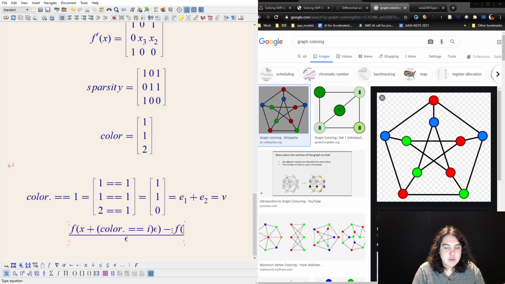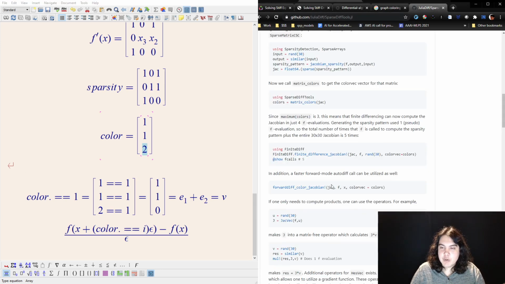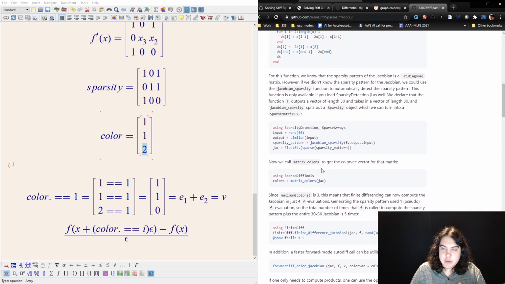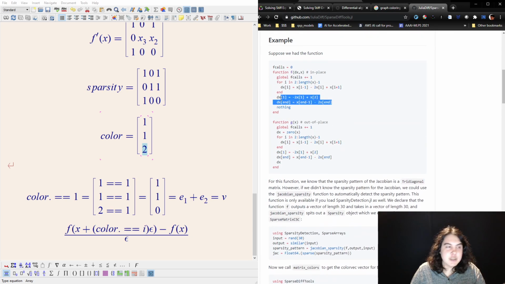Because you have to do the number of colors plus one F calls. So the maximum number of colors plus one is the total number of F calls to build your Jacobian. For example, here's a case where you do the color vector calculation on this tridiagonal, where you have node 1, 2, 3, 4, 5, etc., and everything is only connected to the thing on its left and the thing on its right.